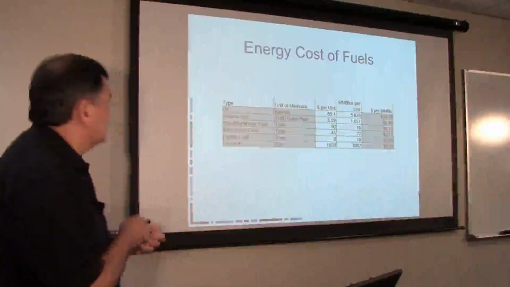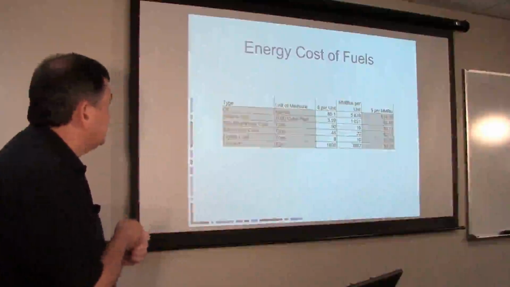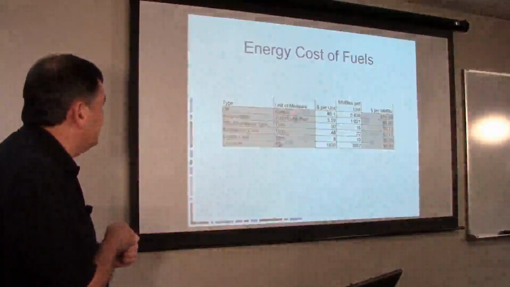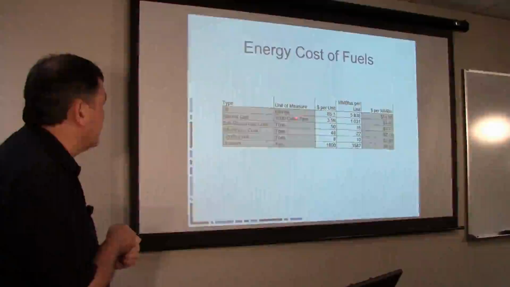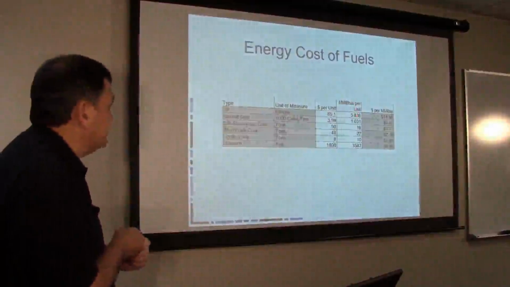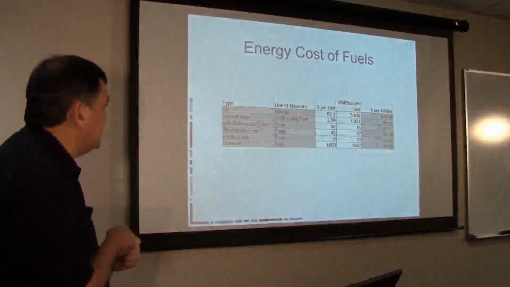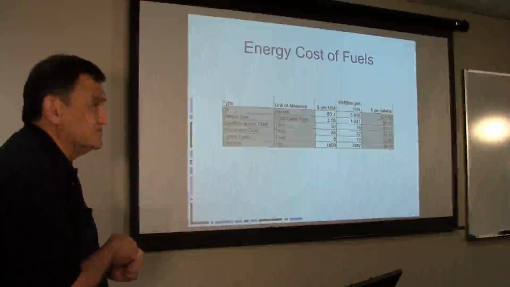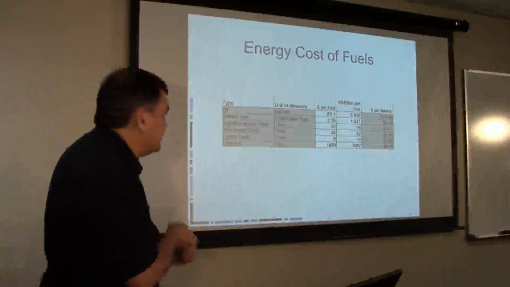This shows a summary of the various costs of fuels. So if we take the actual cost to buy a barrel or 1,000 cubic feet or a ton, and then we take the amount of energy that is inherent in that amount of fuel, we get the dollars per million BTUs. So this is the common denominator.